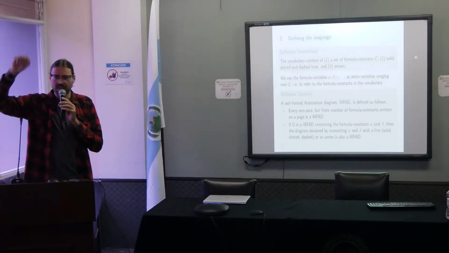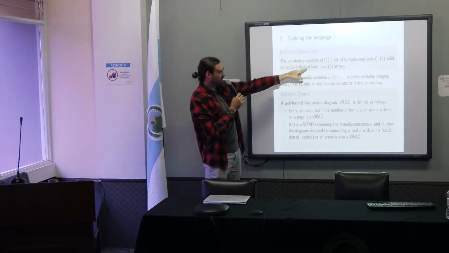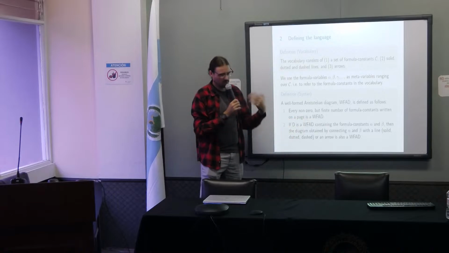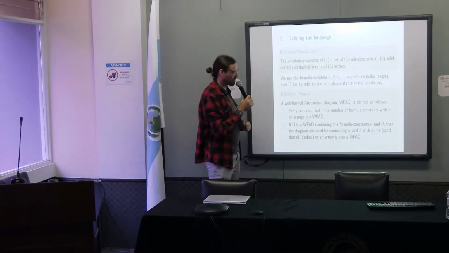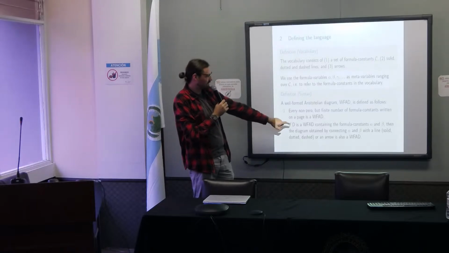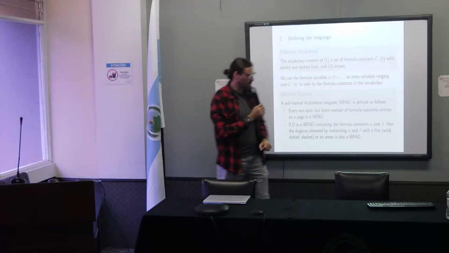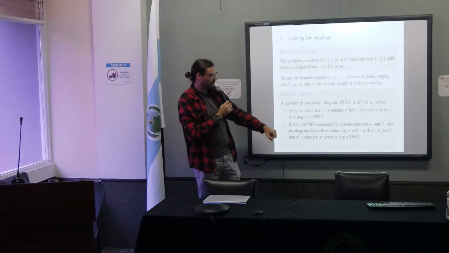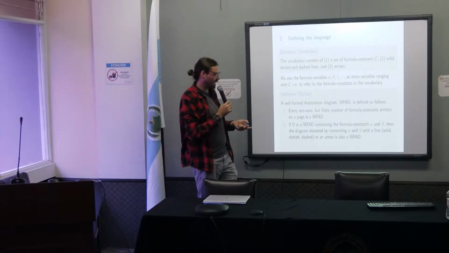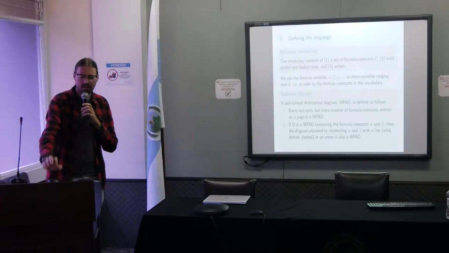But also, if you connect any of these formulas with any of the things in the vocabulary, any of the lines or the arrows, then we also get a well-formed Aristotelian diagram. So if D is a well-formed Aristotelian diagram which contains 2 formula constants alpha and beta, then the diagram obtained by connecting alpha and beta with either a solid, a dotted, or a dashed line, or an arrow is also a well-formed Aristotelian diagram.